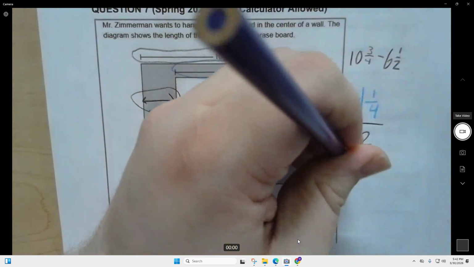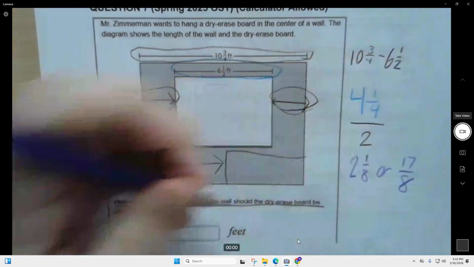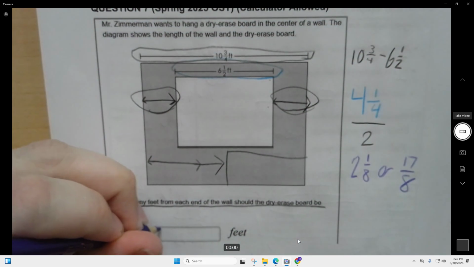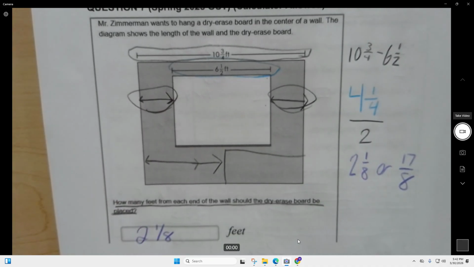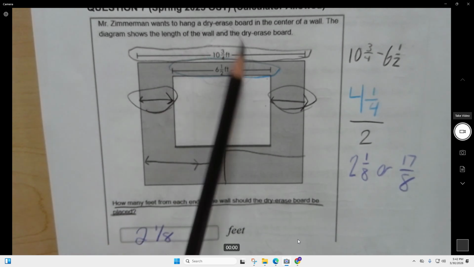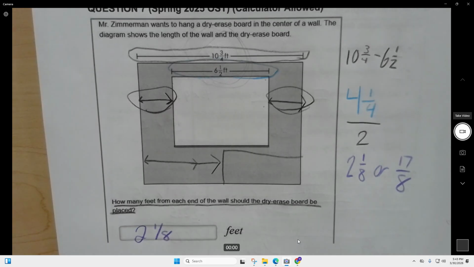So it's either 2 1/8 or 17/8. I personally would put 2 1/8 because the question gives you mixed numbers at the beginning. So I would stick to mixed numbers, but you could put 17/8. Either way works.